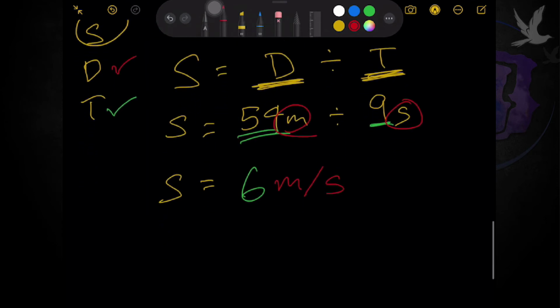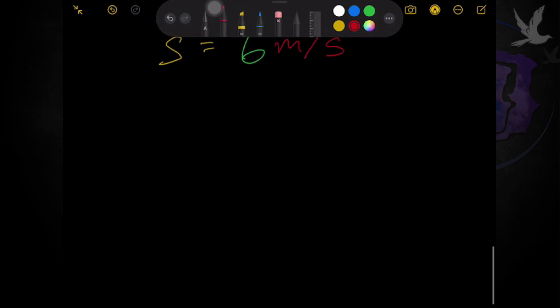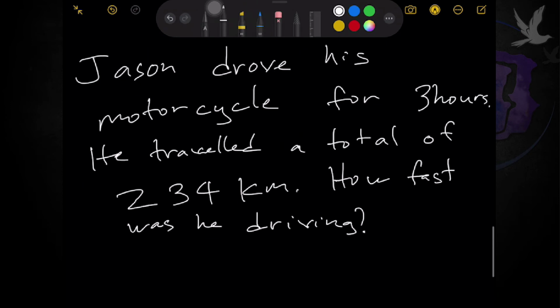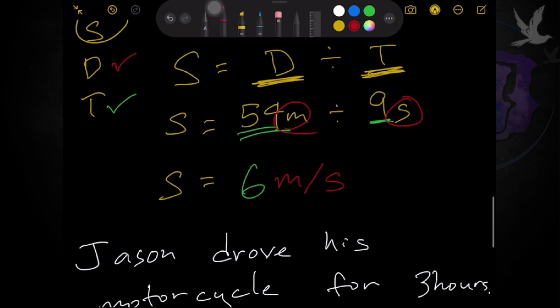Ganun lang talaga kadali. Okay, I'll give you another example. So, example, Jason drove his motorcycle for 3 hours. Okay? He traveled a total of 234 kilometers. How fast was he driving? Again, when doing such word problem, i-identify nyo lang talaga ang units. And we need our checker again.